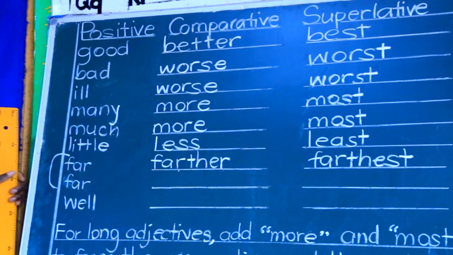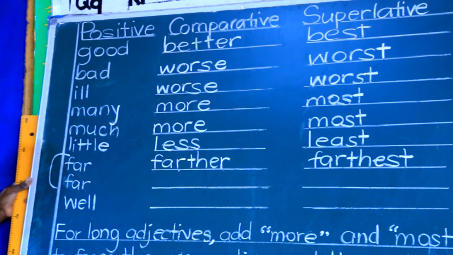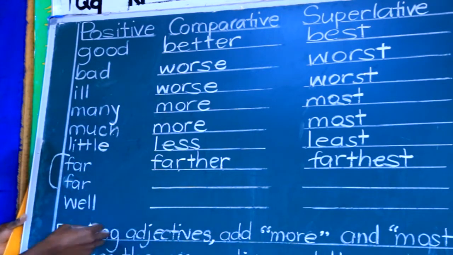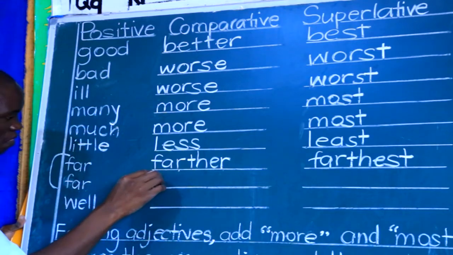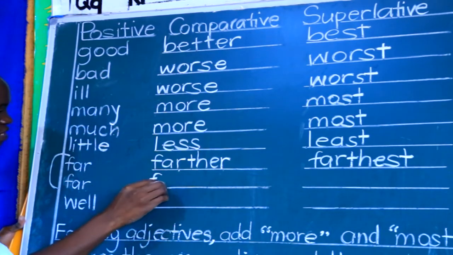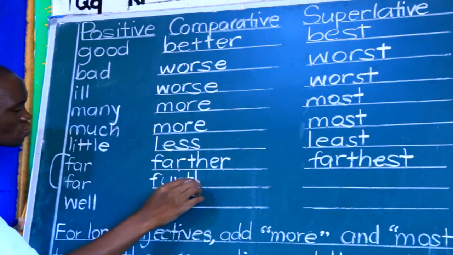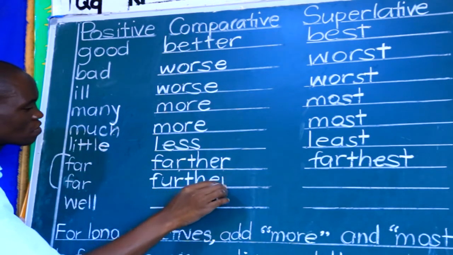Farthest, F-A-R-T-H-E-S-T. Then farther, F-A-R-T-H-E-R. Next, another comparative from far is still further, but with a different spelling: F-U-R-T-H-E-R.